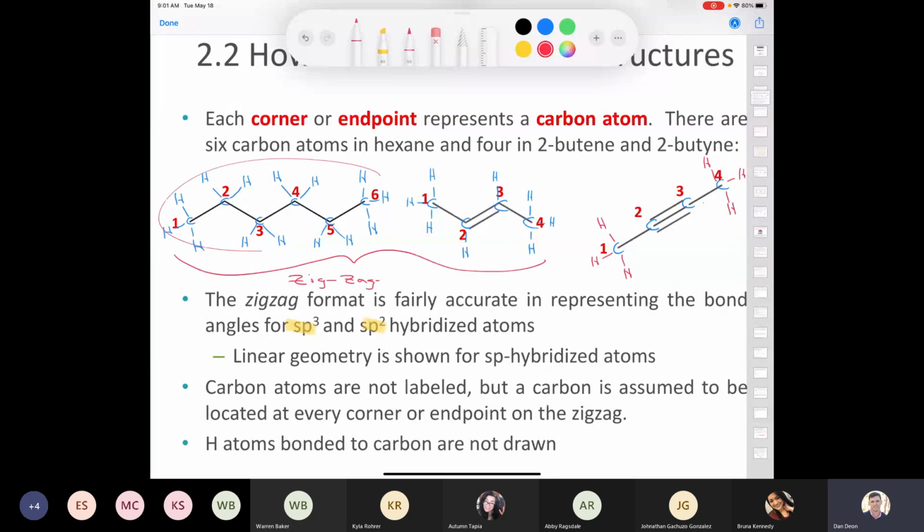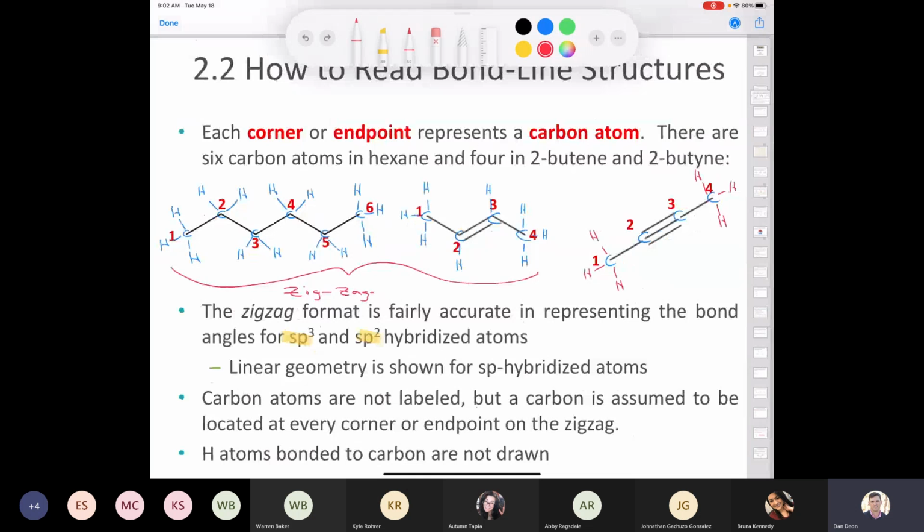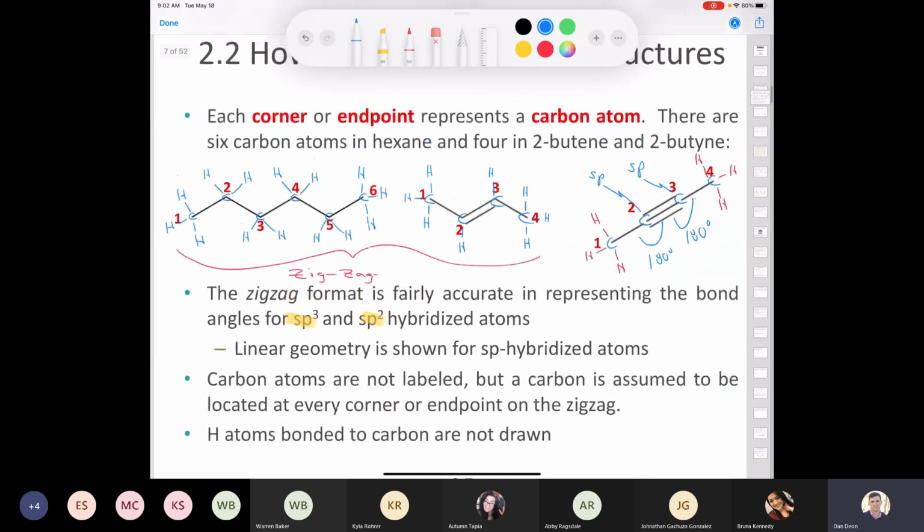All of these carbons in this molecule are tetrahedral. These 2 carbons here are trigonal planar, but we draw it as a zigzag. When you have carbons that are sp hybridized, this is sp and this is sp. Remember that the bond angle is 180 degrees. These have a linear molecular geometry, and so we draw them as a straight line. Okay? There we go.